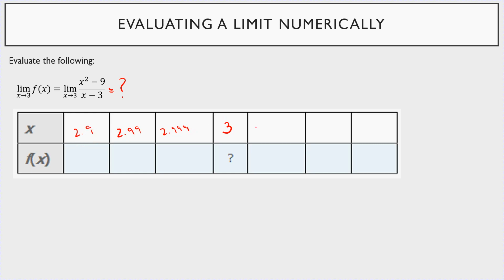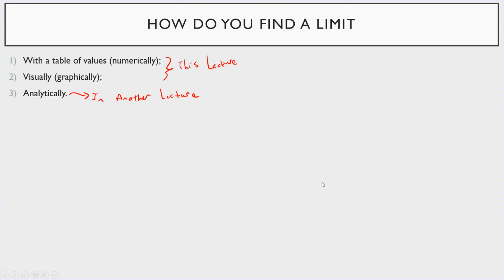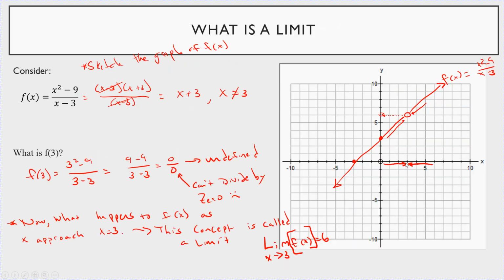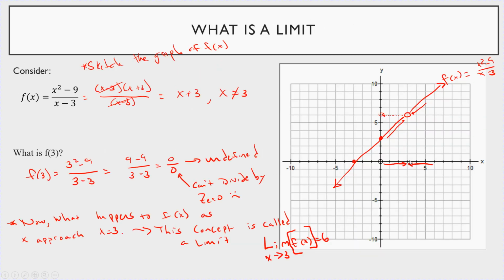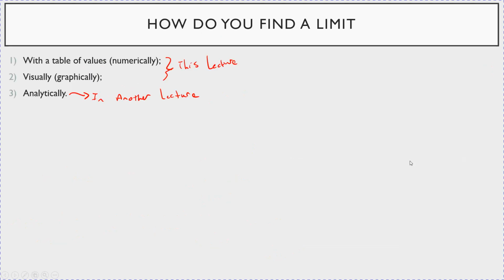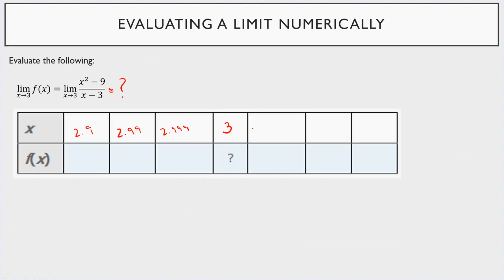Those are values from below, really close to 3. And then I have to pick values that are just above 3 as well. So I'll pick 3.001, 3.01, and 3.1. As you get closer and closer to 3, like 2.99 and 3.001, they are really close to 3.